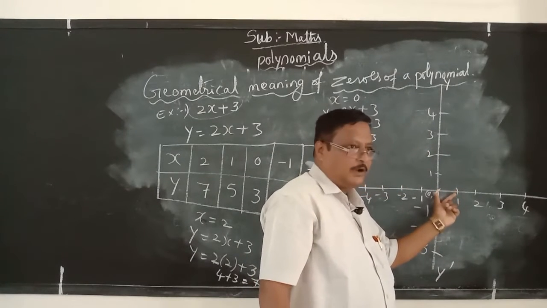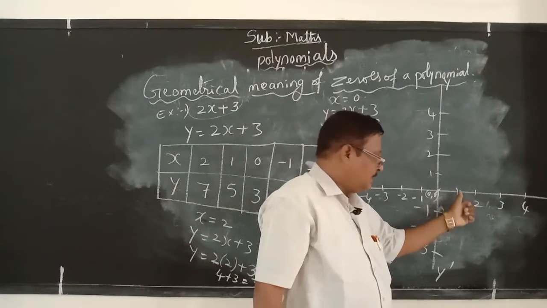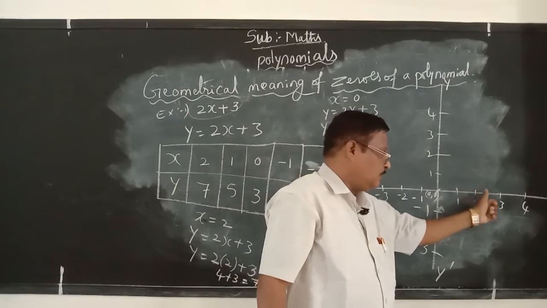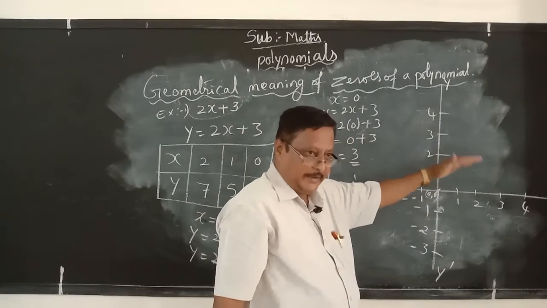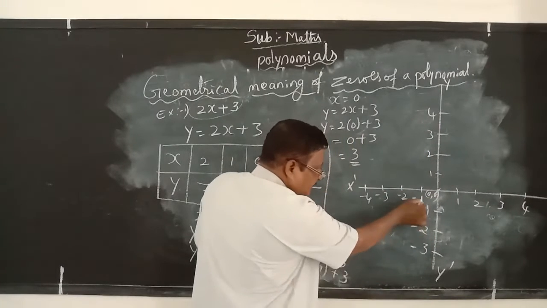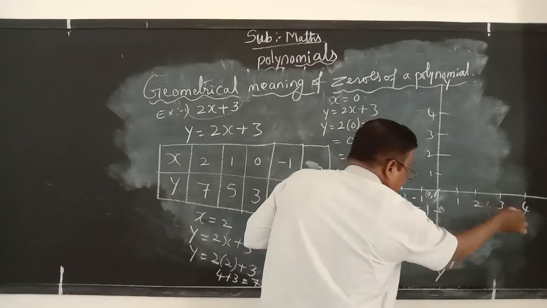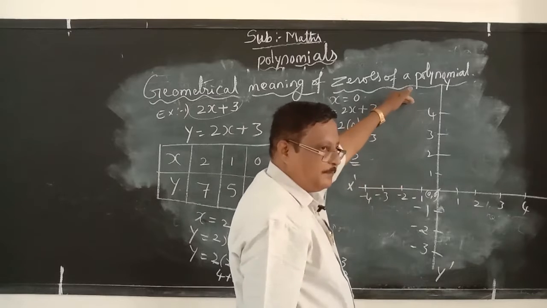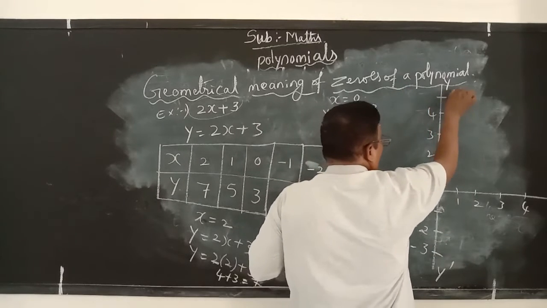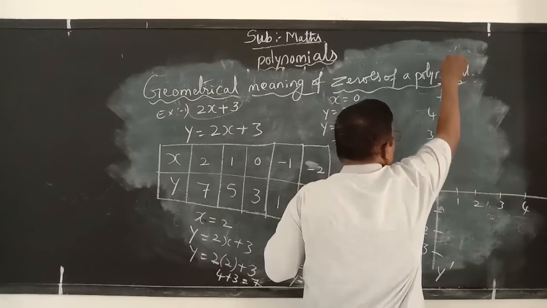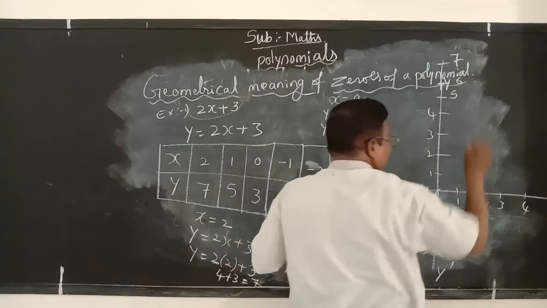Each 10 columns is equal to 1 centimeter. This is mark 1, this is 2, like this. You draw a horizontal and vertical line. Here left side minus signs, right side plus signs. On top plus signs, downside negative signs. Here after 4, 5, next 6, next 7.